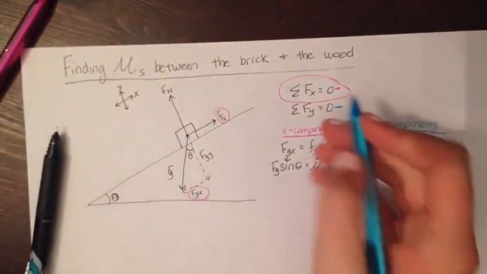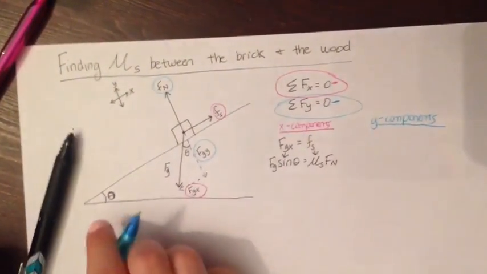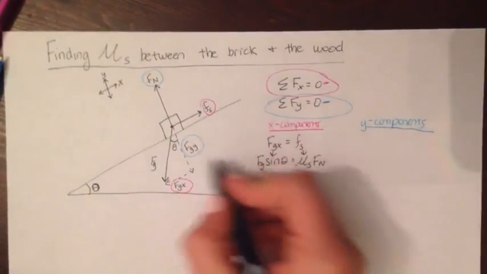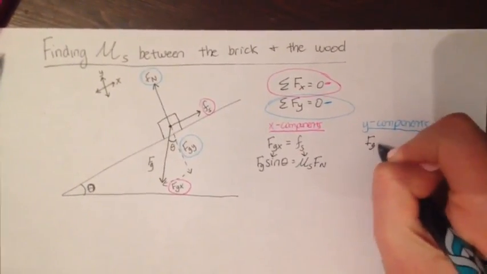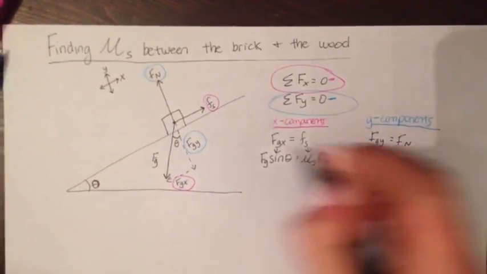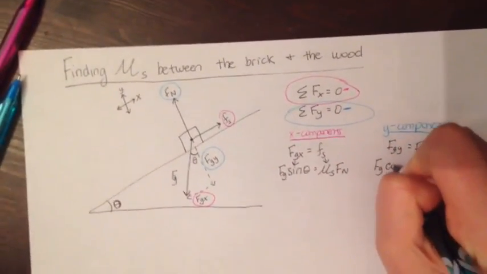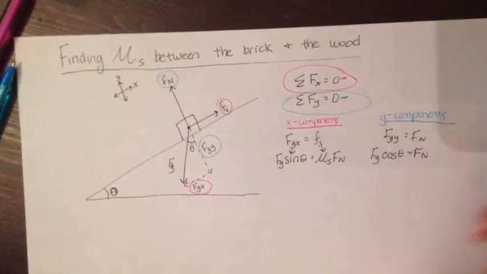So in the y direction, we have normal force opposing the force of gravity in the y direction, which, similar to force of gravity in the x direction, we can break into trig. So we have F_g cosine theta equals normal force.